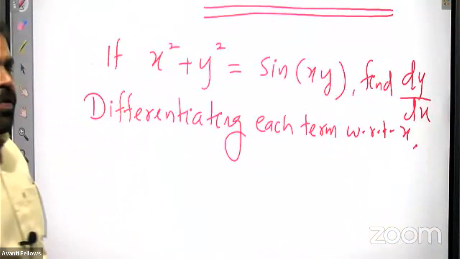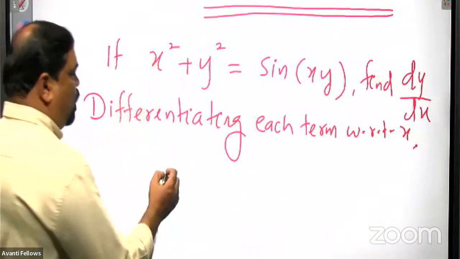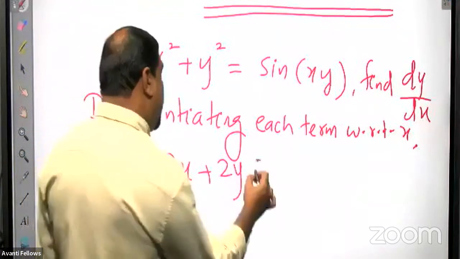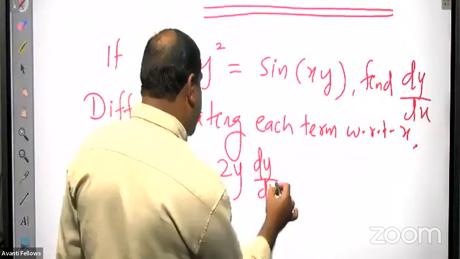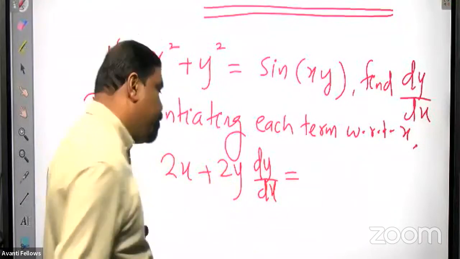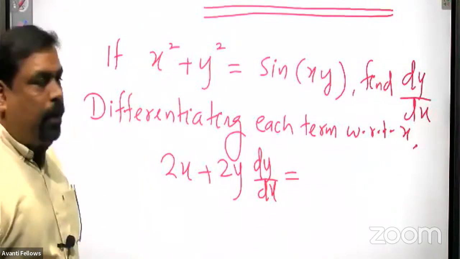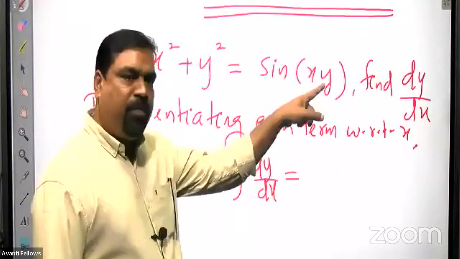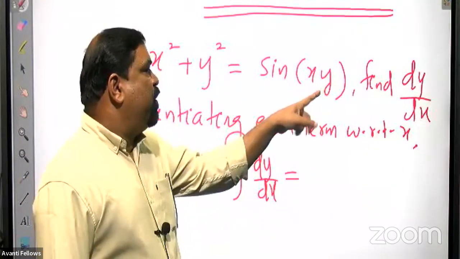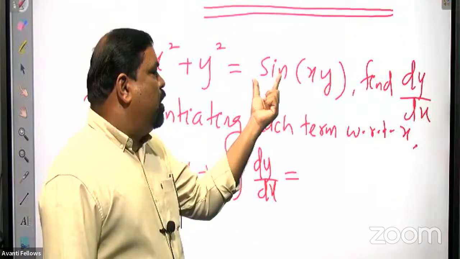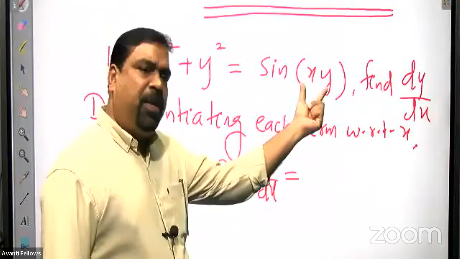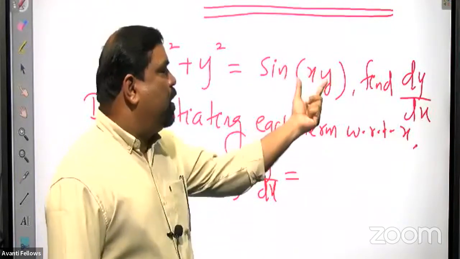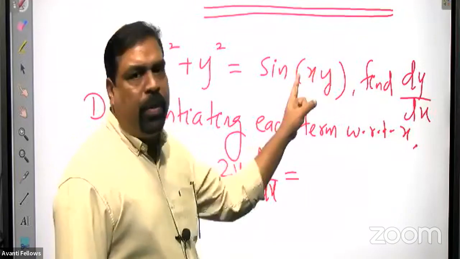Derivative of x square with respect to x is 2x. Derivative of y square is 2y dy by dx. Remember, multiply by dy by dx, don't forget. Then the right side: the function is sine of xy. It is a function of a function, and not only that, inside the bracket a product of x and y is also there, so take care.